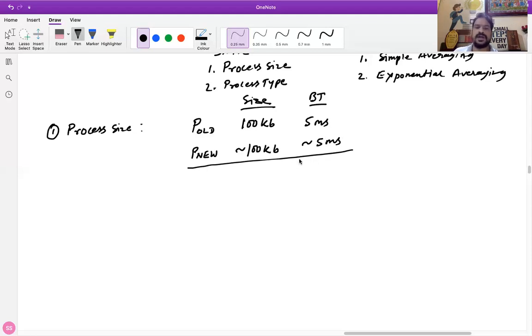The reasons are which type of process it is, how much IO it requires, what recursive functions it is using, how many pointers it has, what is the complexity of that particular program, how many loops it has.